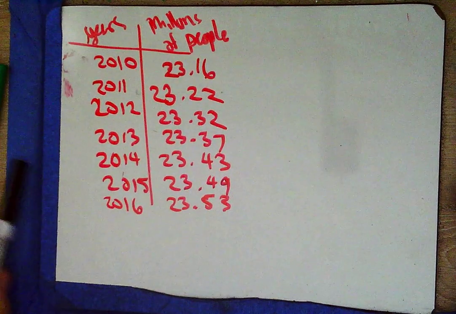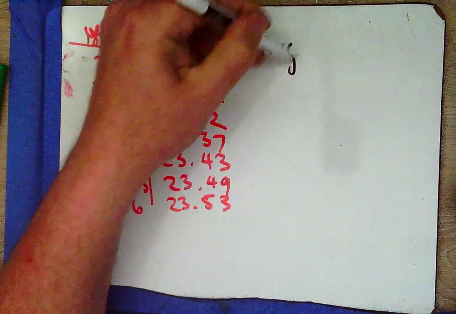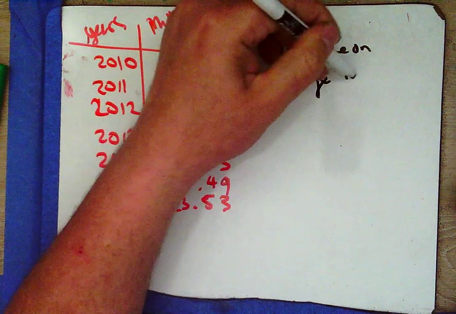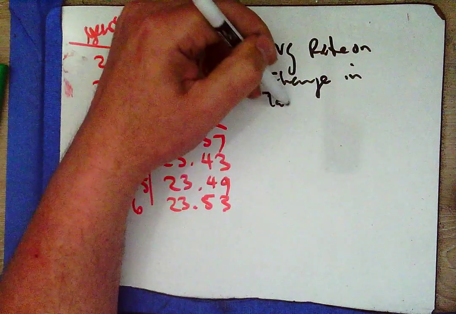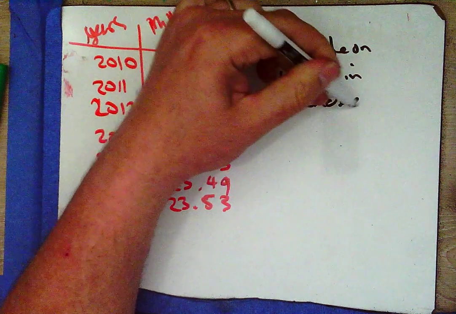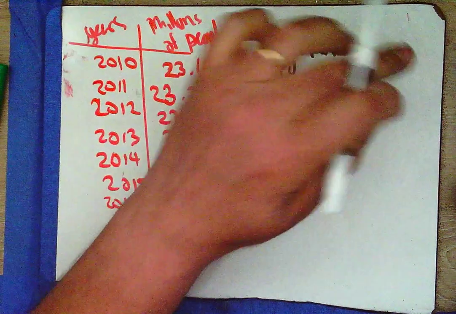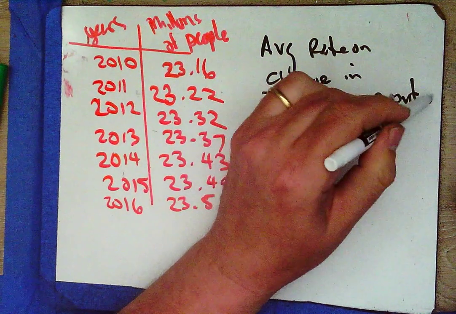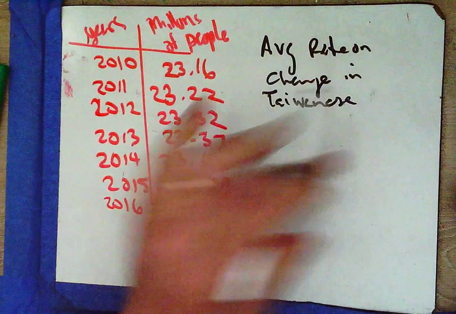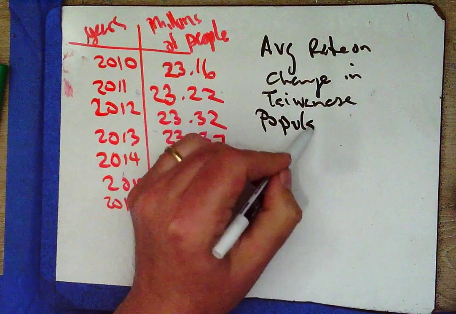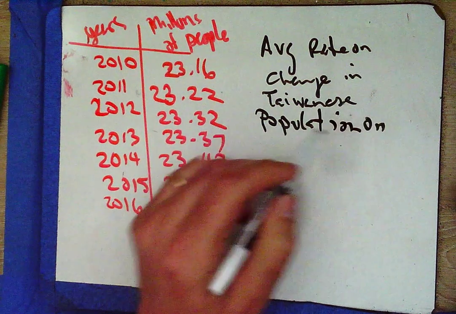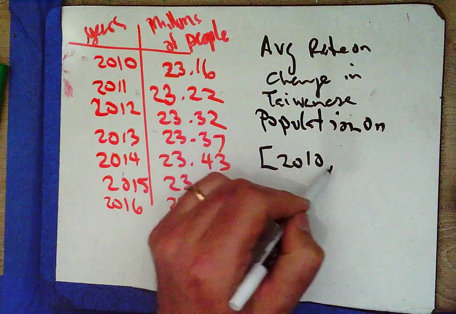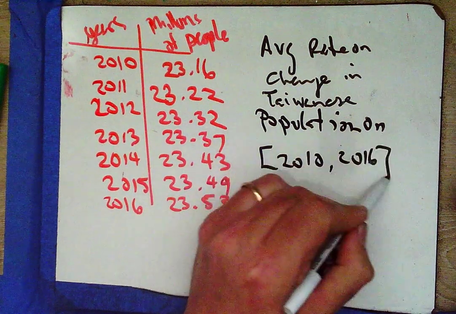Okay, so the question is, what's the average rate of change in Taiwanese population on 2010 through 2016?